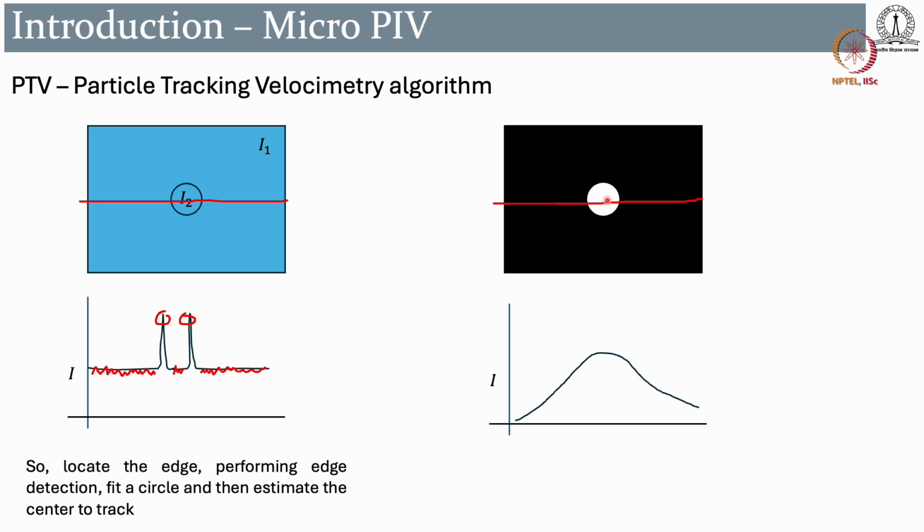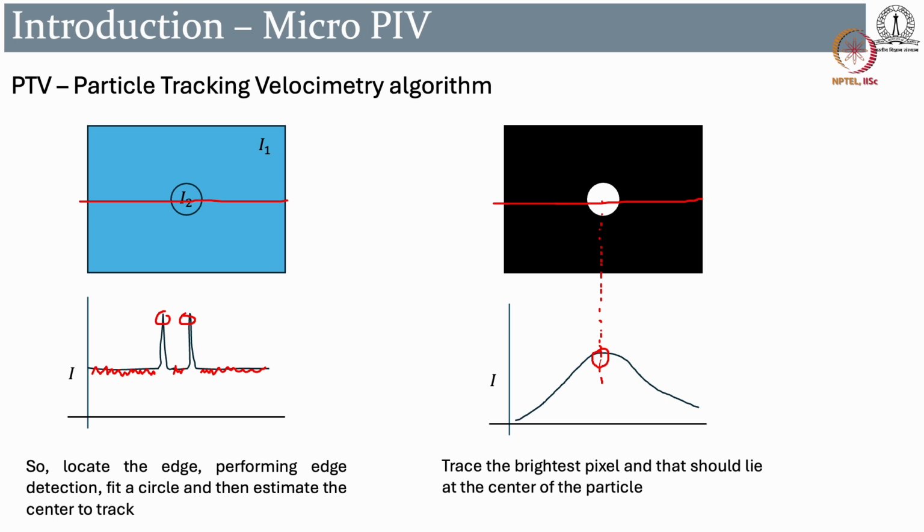If it's an ideal fit, then the center of the particle should give you the brightest intensity, basically the pixel at the center, and you can get the center of the particle from this graph. And then you can trace this brightest pixel along the flow field.